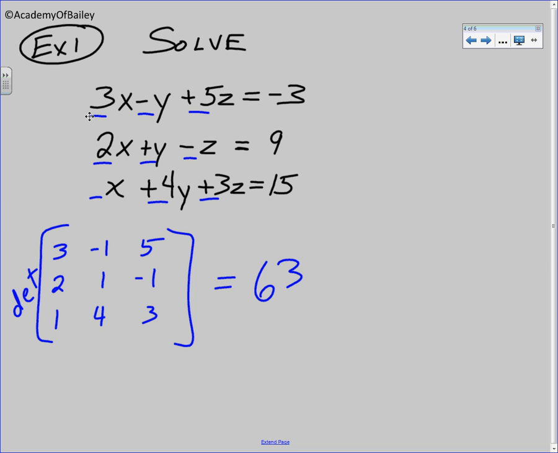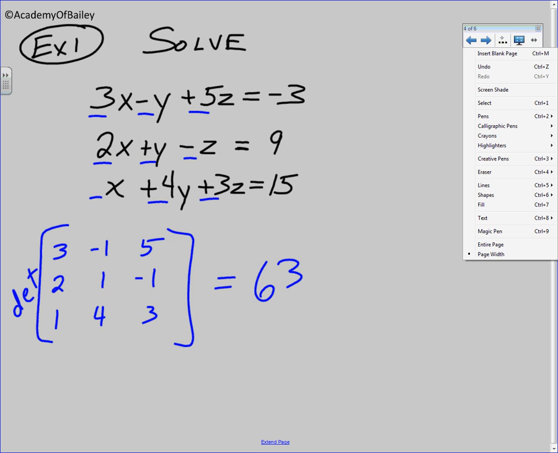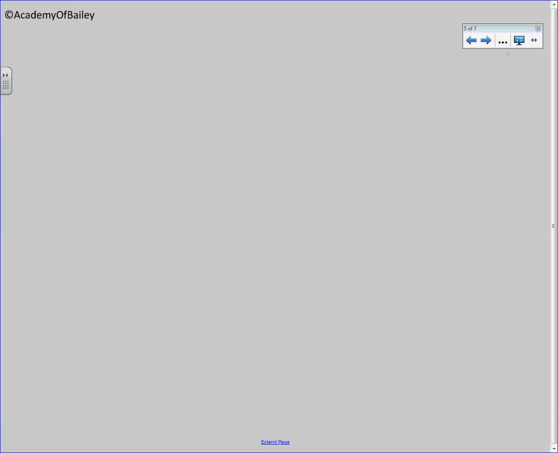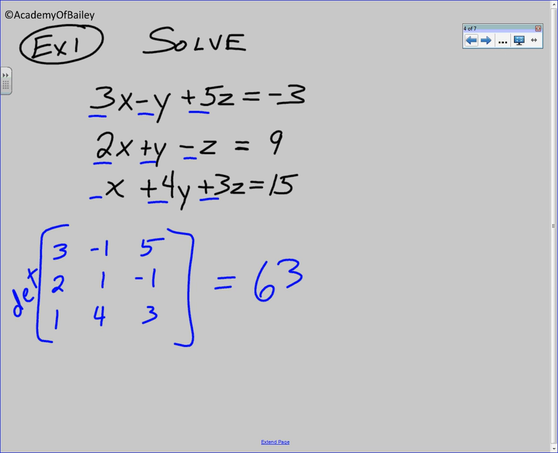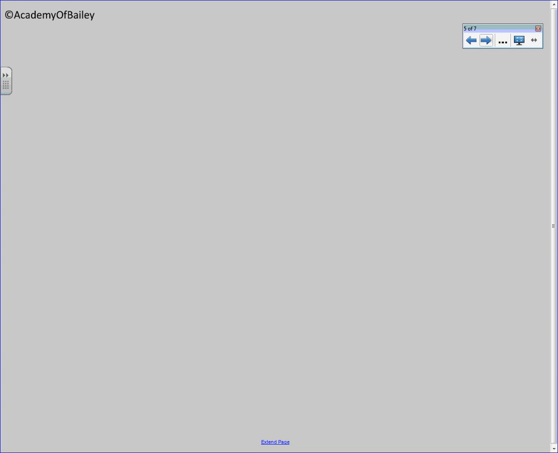Now, let's look at, give me a blank slide here. Now we want to calculate x. The x coefficients will be replaced with these three numbers, -3, 9, and 15.